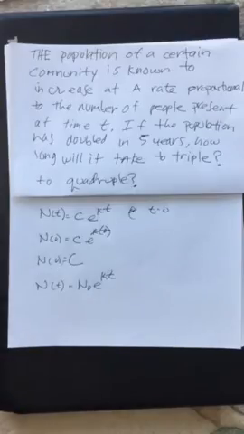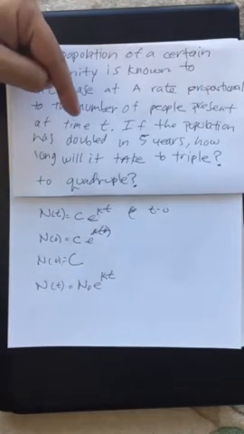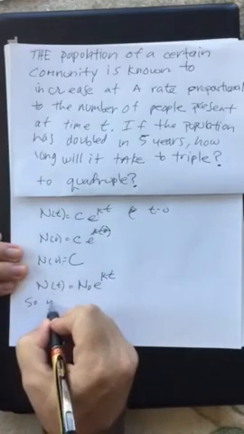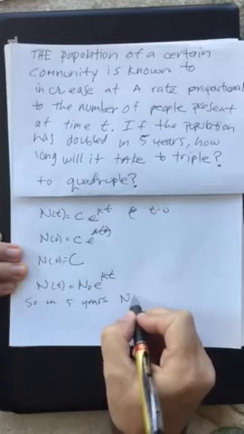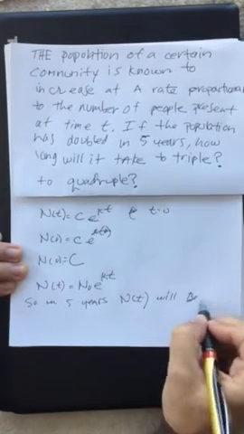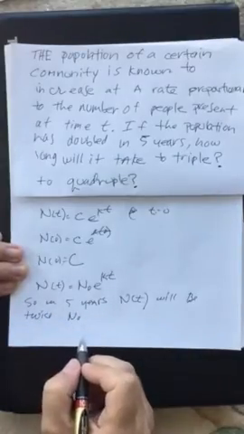Now we want to try to find k. We're told in the question stem that the population doubles in 5 years. So write that in English: in 5 years, N of t will be twice N naught, where N naught is the original population.